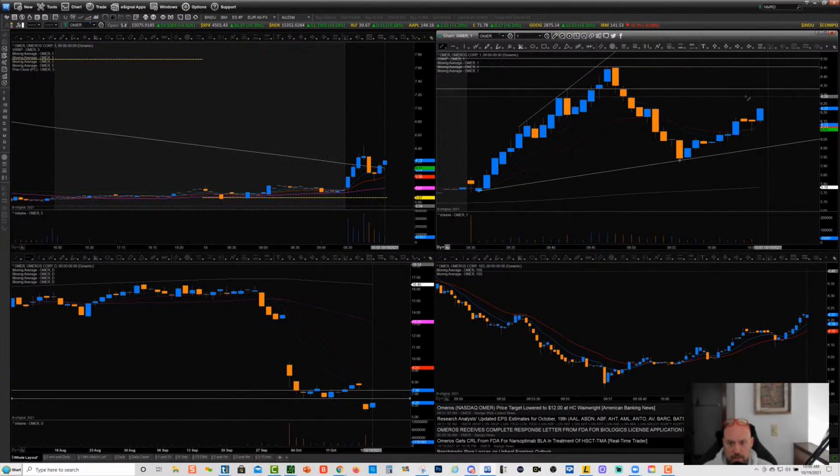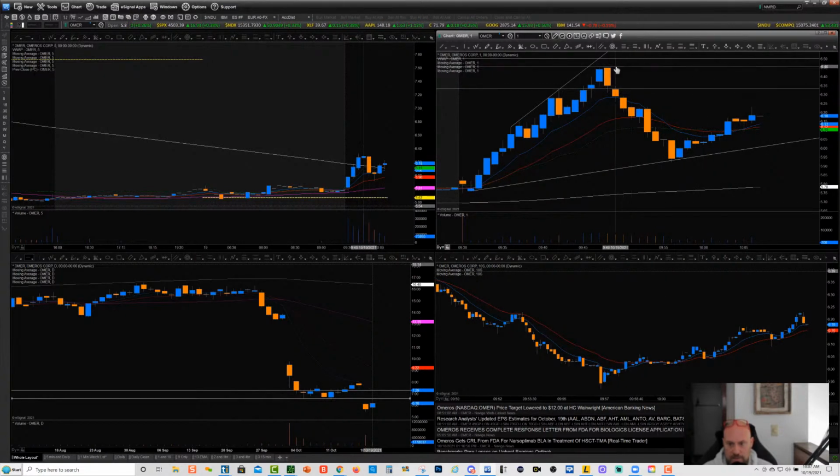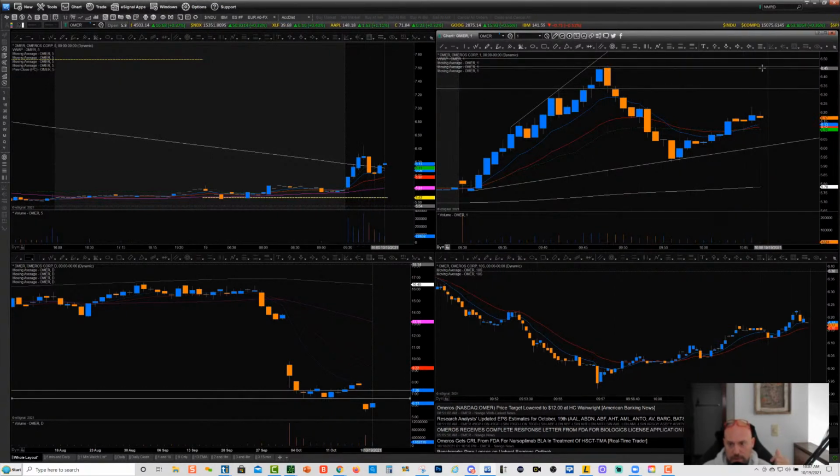Now we watch, and I look left, head, left shoulder. Is there going to be a right shoulder and it's going to fail? Or is it going to break above this left shoulder? And then we watch this area right here. Or if it goes up here and fails, will it be a double top? I don't know. I watch.